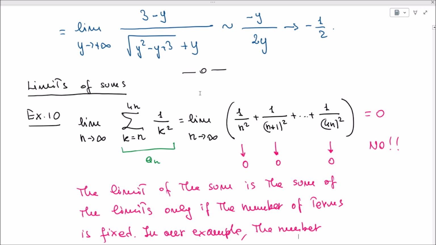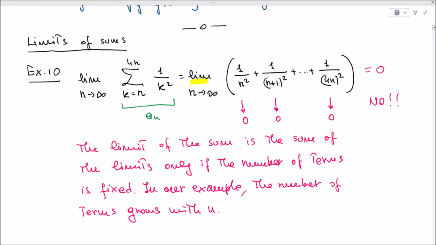So what I'm saying is that we cannot just consider this limit as the sum of the limits of each and every term, just because of the number of terms that we are considering. Let's see how many terms we have here. How many terms do we have? Well, if I consider all these terms, this will be 4n, this is the last term.